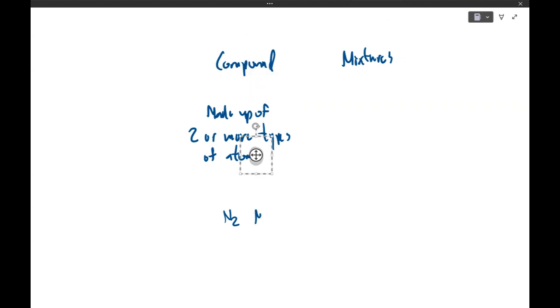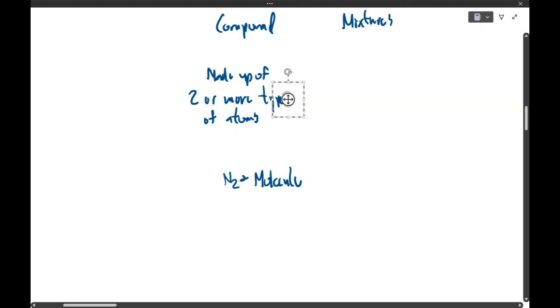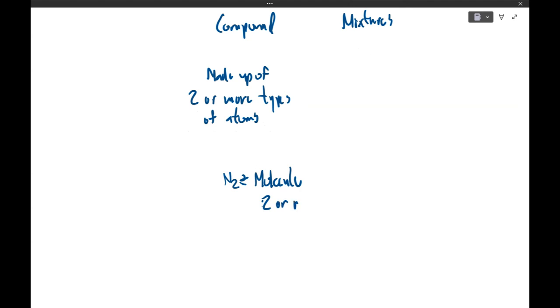But it's a molecule. And a molecule is just a substance made up of two or more atoms. So it's important to know that all compounds are molecules, but not all molecules are compounds.